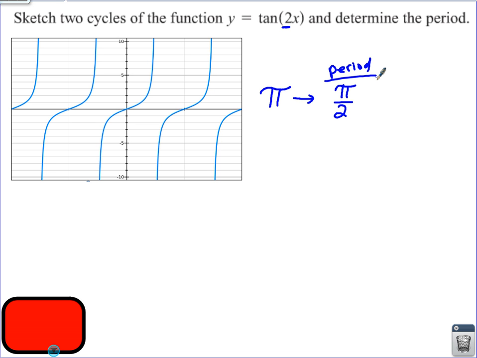What else would that change? That 2 right there, what else would that change? Would it change your range? No. It doesn't have an amplitude, so I don't think it'll change it. Would it change the domain? Yes. Because before we couldn't equal 90 degrees. Here's 90 degrees, by the way.